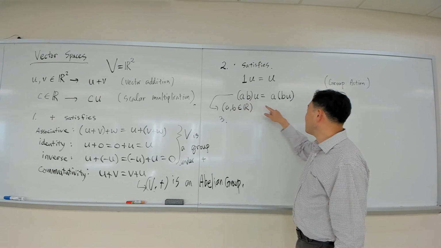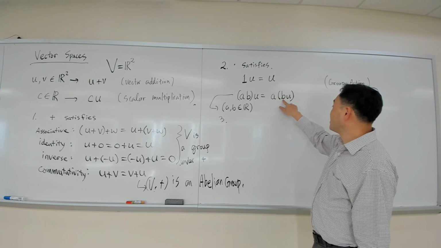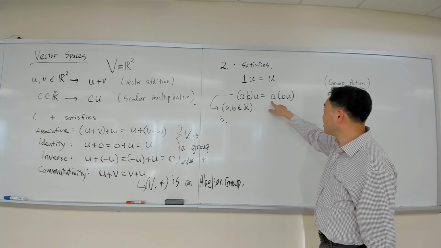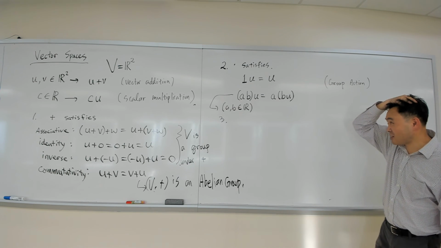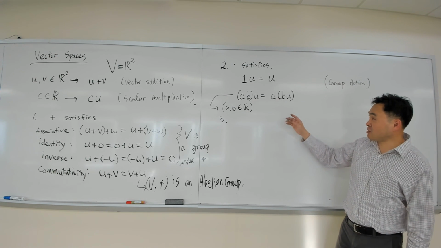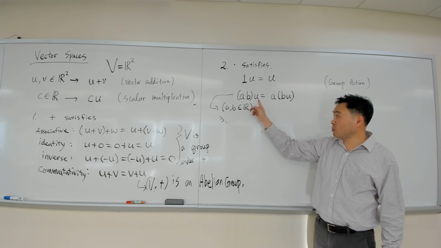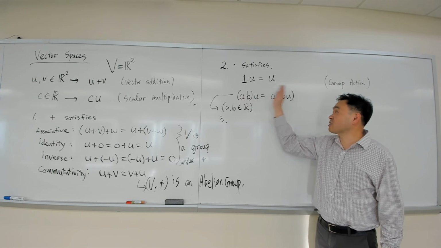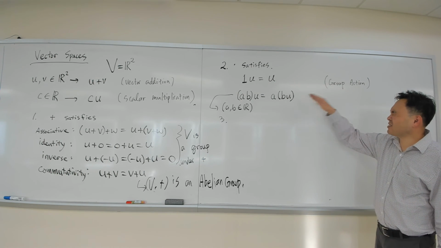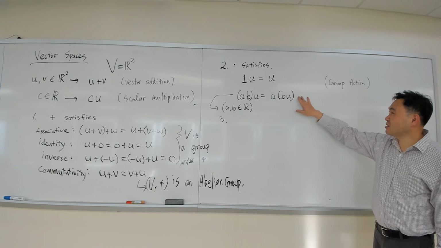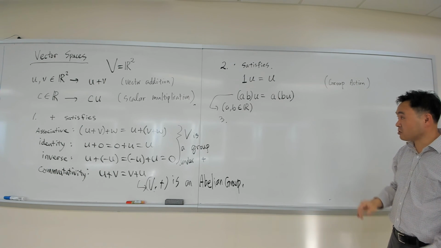If you compose the functions and then apply to a vector, that should be the same as applying scalar multiplication once and then doing it again later. So this is like associativity, but it's not, because associativity requires all three to belong to the same set. Here, a and b belong to R, whereas u belongs to the vector space. So it looks like associativity, but it's not. This one is called a compatibility condition. In the group action, this is called the compatibility condition.